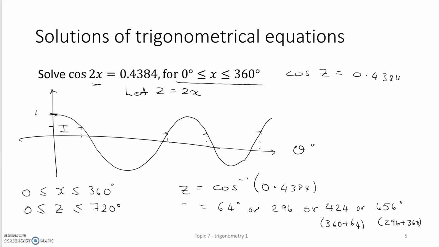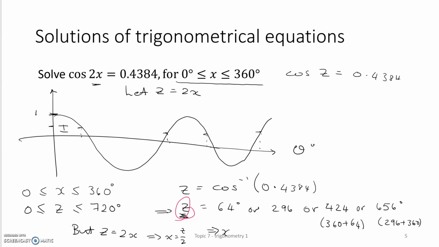Now that's for z. Let's just underline it in red, that's for z, not x. Now we have to remember, but z equals 2x, so then we can find that x equals z over 2, and that'll give us the values for x.